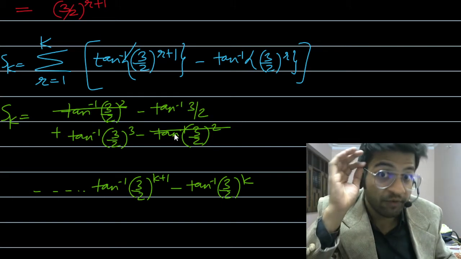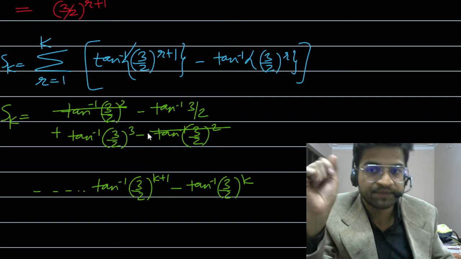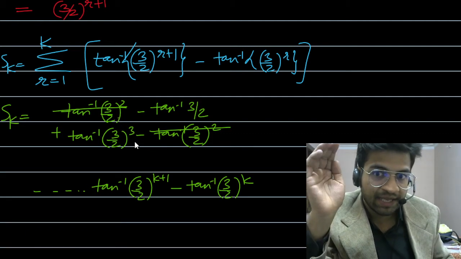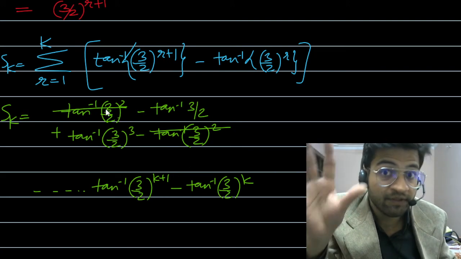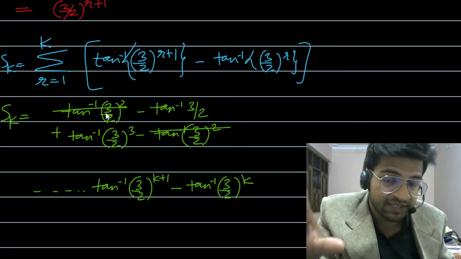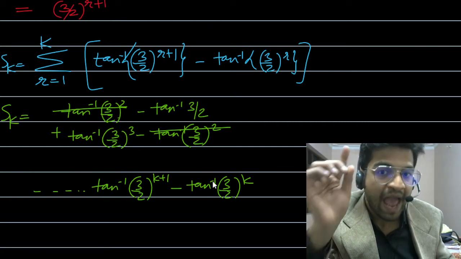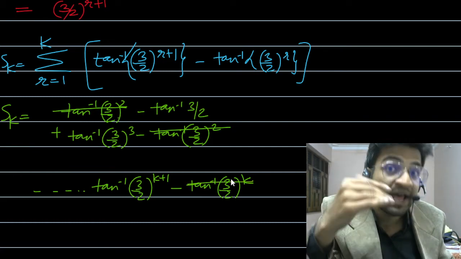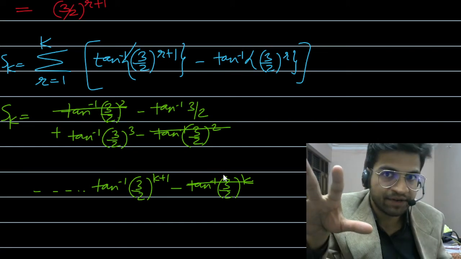We should be very careful while eliminating the terms. The second term of the first part of the series and the first term of the last part of the series will get eliminated, and except these two terms, all others will get eliminated.